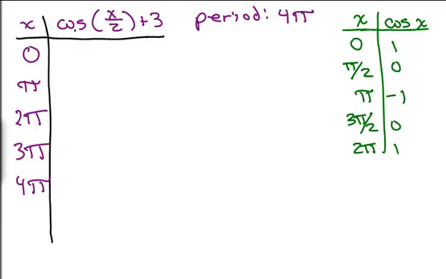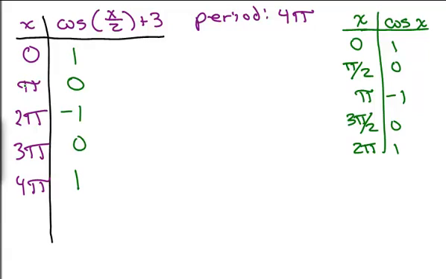And so now that means for the cosine of x over 2, if we use these values of x, we'll get these values over on the right, the 1, 0, negative 1, 0, 1, but then I have to add 3. So I'm going to put those in. In other words, convince yourself this is true by putting in any of these values. For instance, if you put in 0, there's a 1.